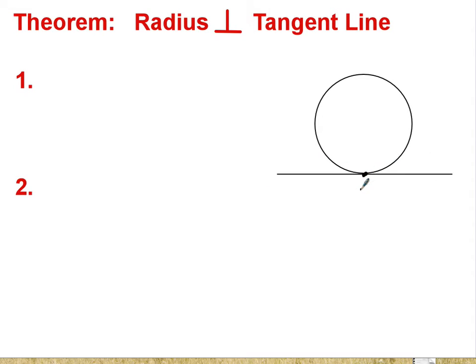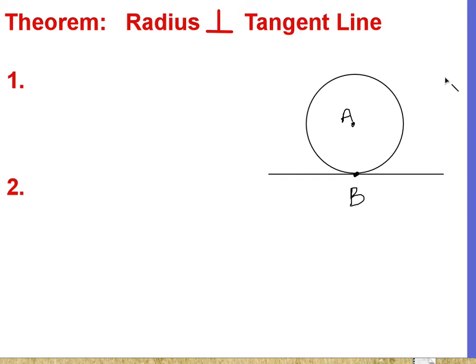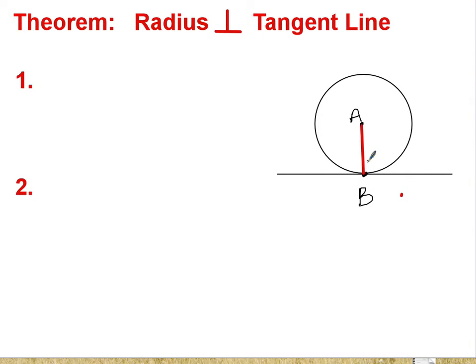We'll call this point B, and call this circle A. In circle A, when I construct the radius so that it meets that point of tangency, you might notice that the angle formed between the radius and this tangent line appears to be 90 degrees. If I were to measure it, it would actually be exactly 90 degrees.